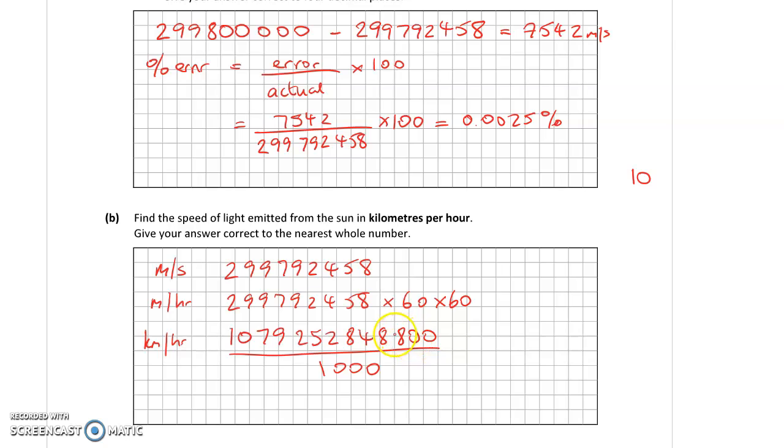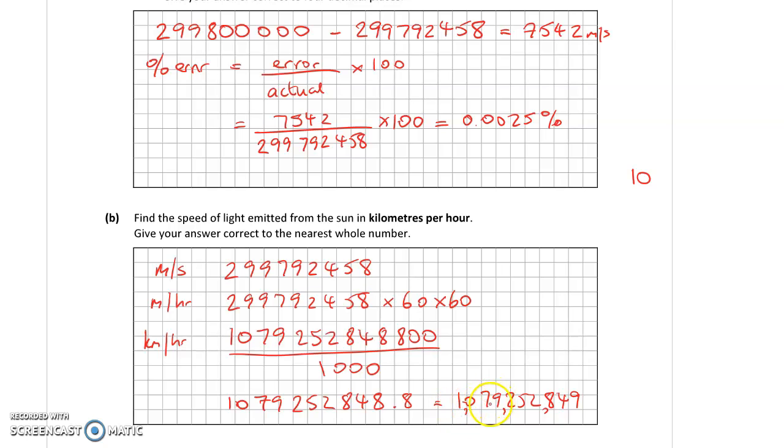So effectively, we're going to move the decimal point. I'm going to round it to the nearest whole number. So we end up with 1079252848.8, and we're going to round that to 1079252849.